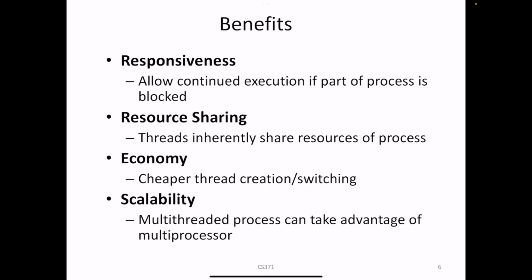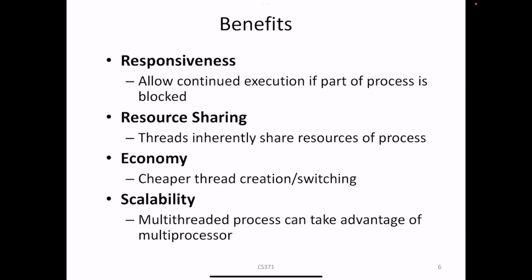Compared to the multi-processing model, multi-threading can provide better resource sharing because the threads inherently share resources of a process, such as binary code, global variable, initial data, heap, and I/O.